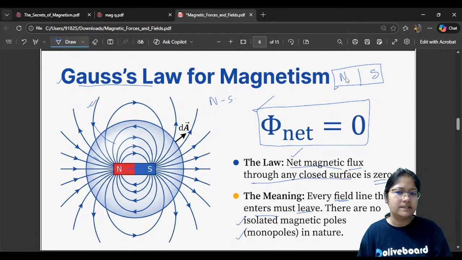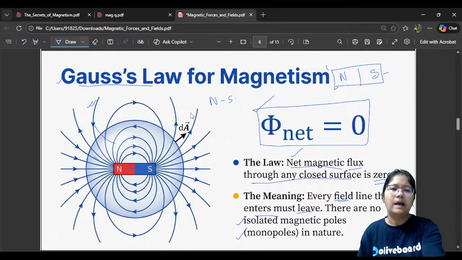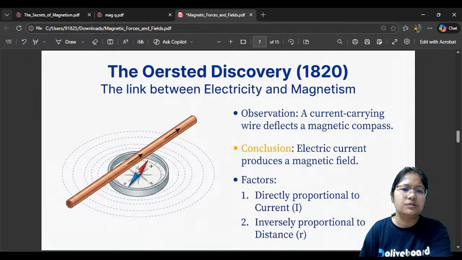Individually, they cannot exist. So if the magnetic field lines are entering, they have to leave also. As simple as that. They have put it in terms of a law.